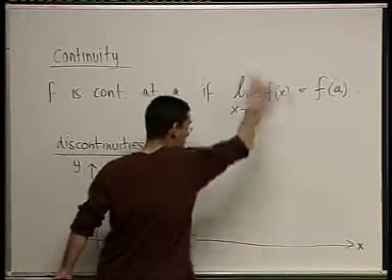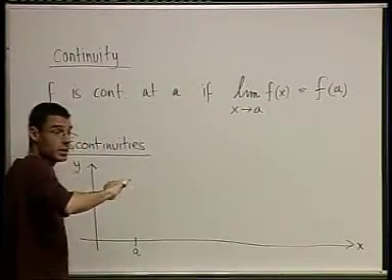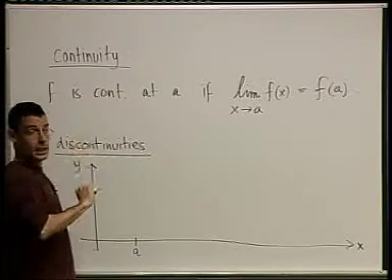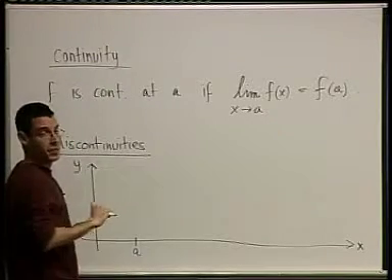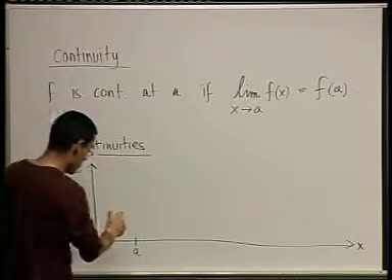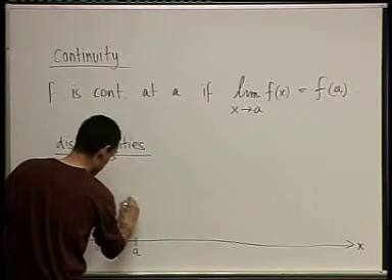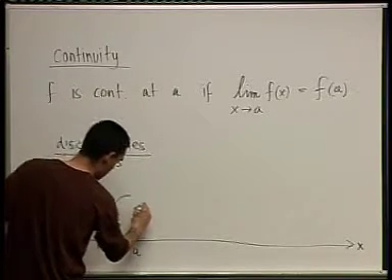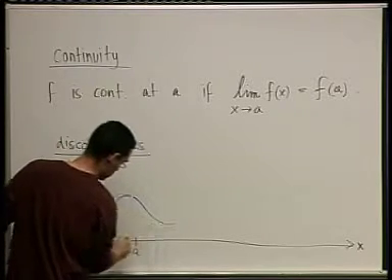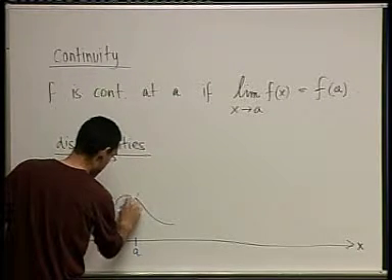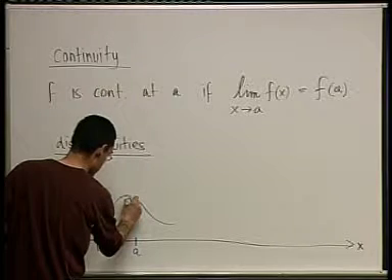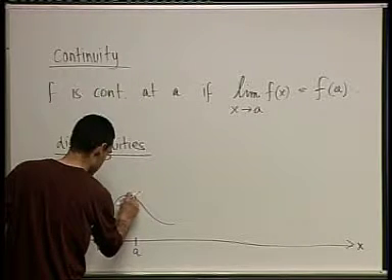So the first sort of discontinuity is the following. Suppose this limit exists, but unfortunately, it's not equal to the value of f at the point A. So a picture of that would be maybe something like this. Here's f. At A, I'm going to exaggerate here just so you can clearly see it.